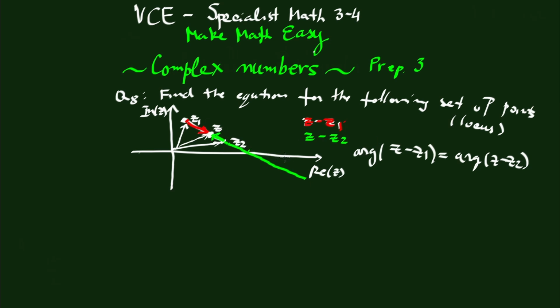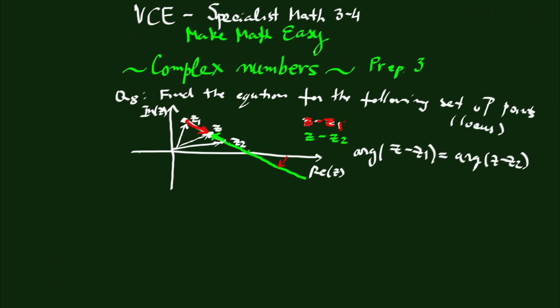So if you put it here, this argument, the red one, is pointing down, therefore the argument is here. That's the argument of z minus z1.